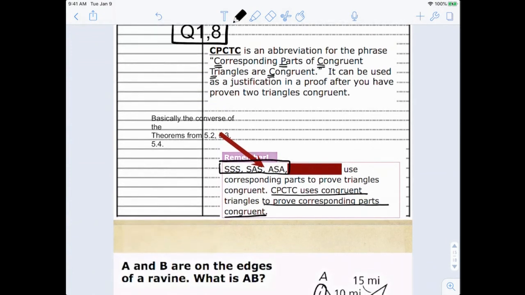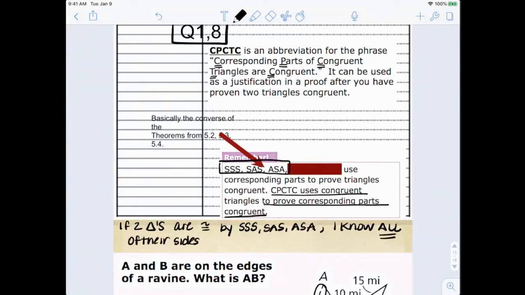So in my own words, I like to say, if 2 triangles are congruent by either side, side, side, side, angle, side, or angle, side, angle, I know all of their sides and angles are congruent, and the reason is CPCTC.